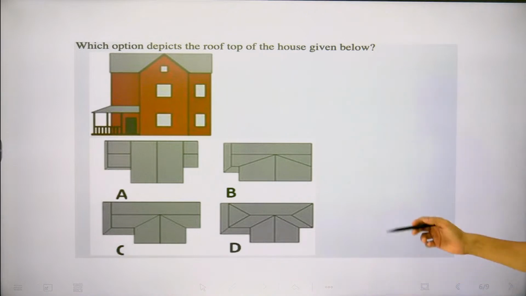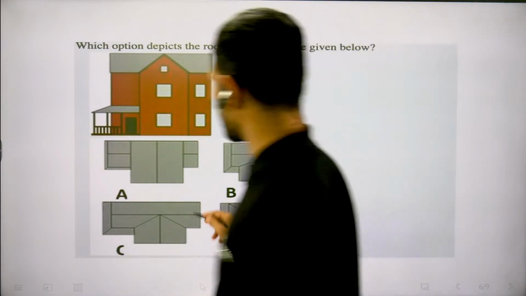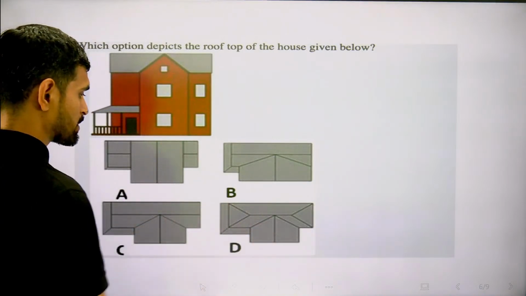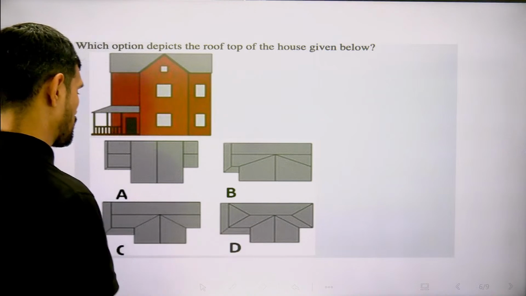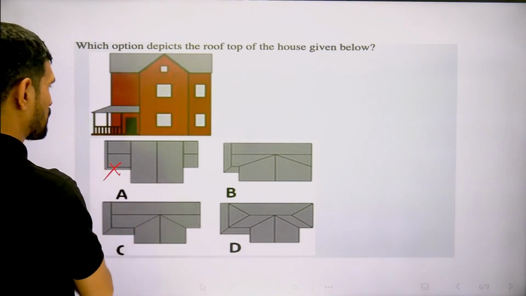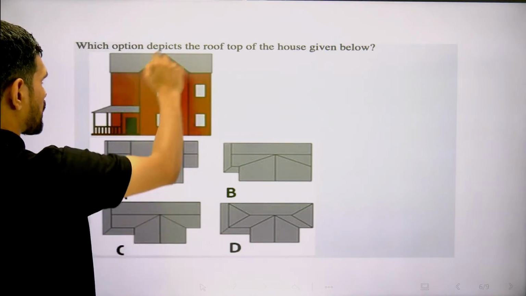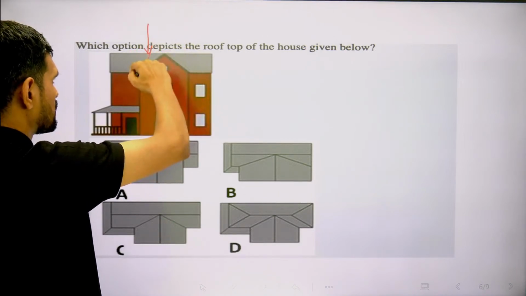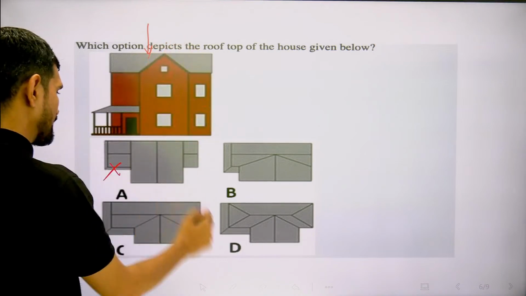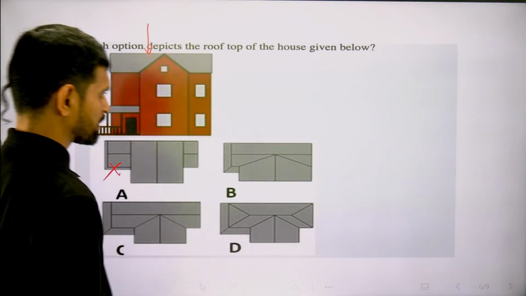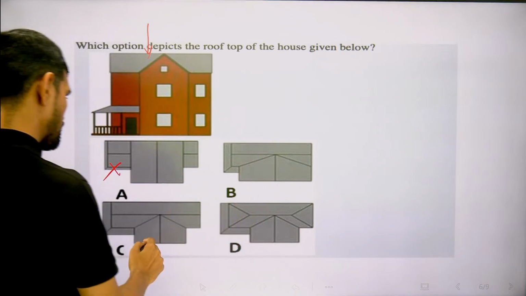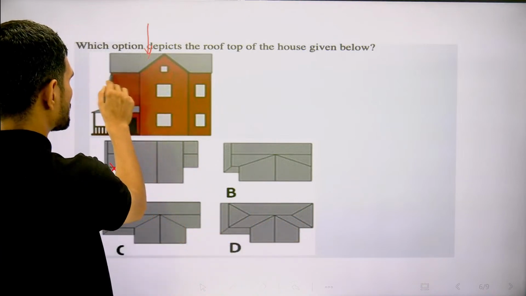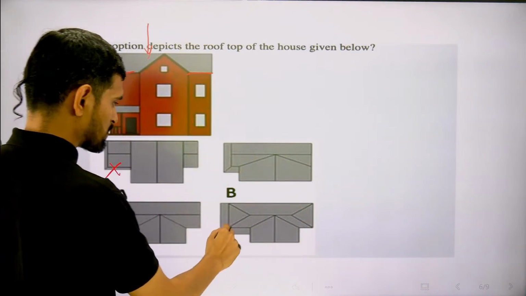Next, we need to identify the top view. So whenever we are looking at this figure, we can easily eliminate option A because this triangular shape is not there; when I'm seeing from the top, I am able to see these inclined lines and that are not there in option A. So inclined lines are there in option B, C, and D. After that, I'll see this width.